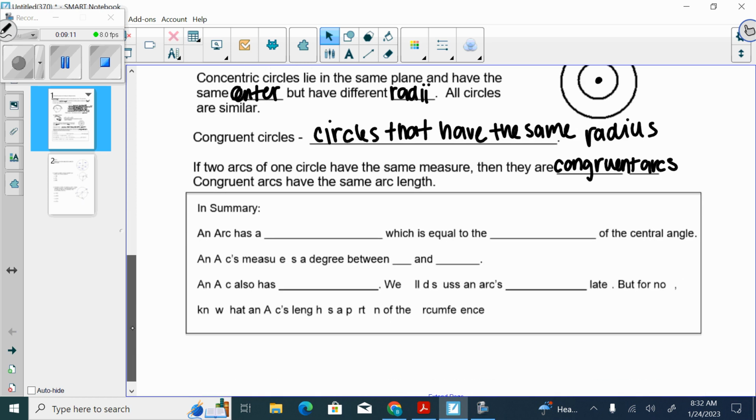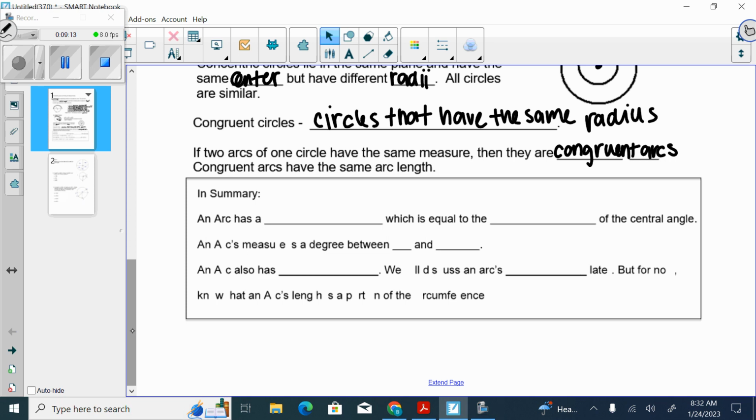So first of all, quick summary of what we've covered so far. We know that an arc has a measure which is equal to the measure of the central angle. This is measured in degrees.